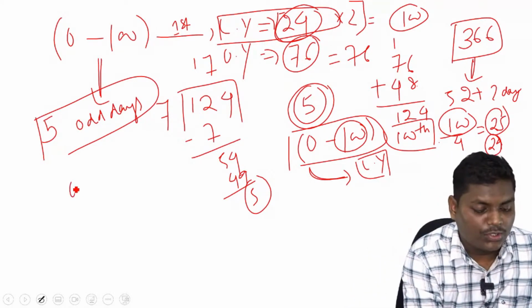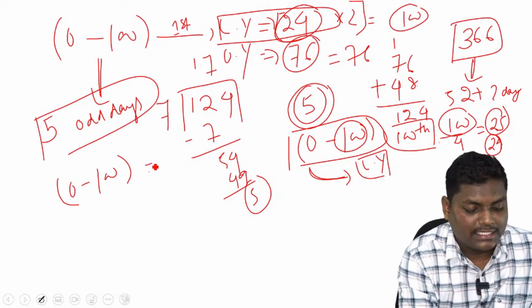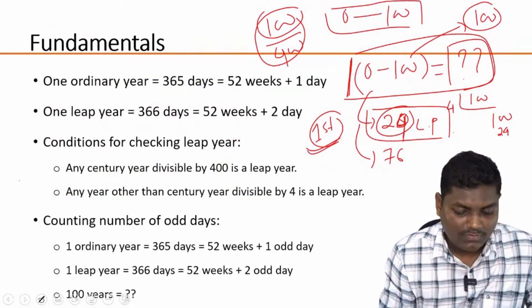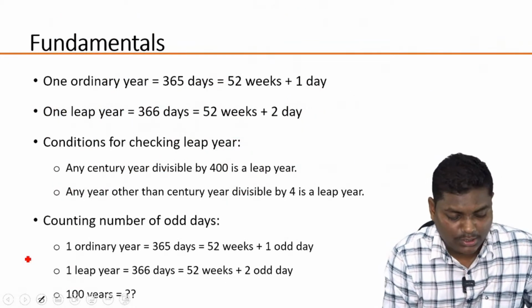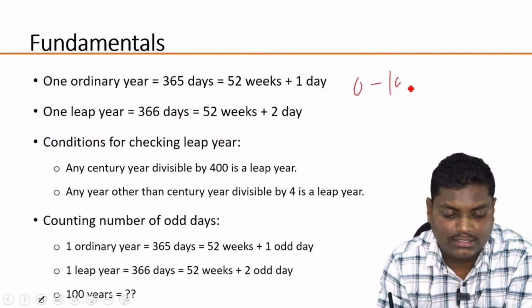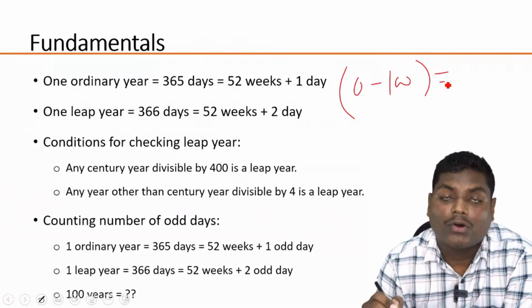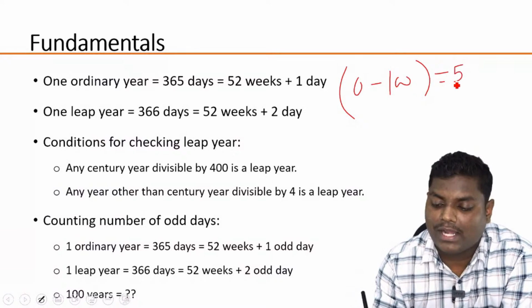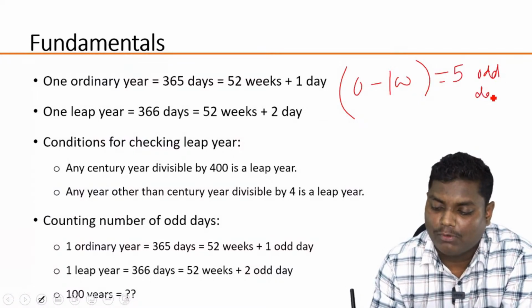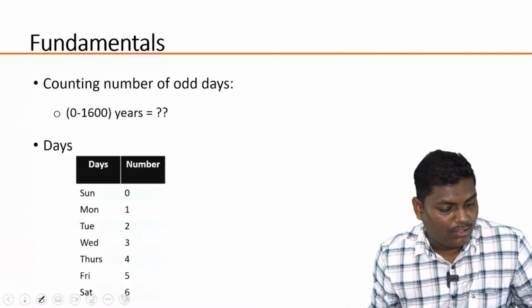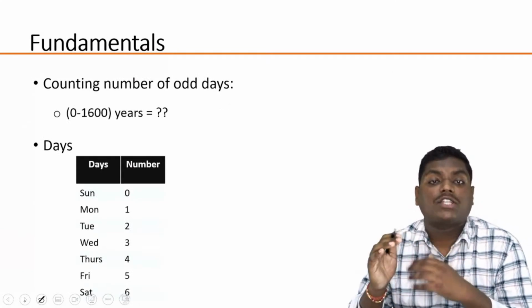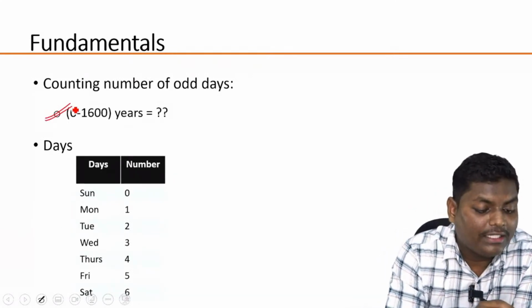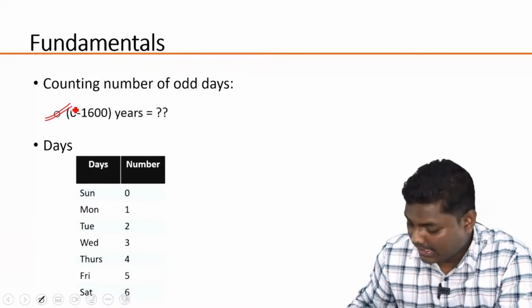So for 0 to 100 years, it's 5 odd days. Now similarly, if I ask you how many odd days are present in 0 to 1600 years.